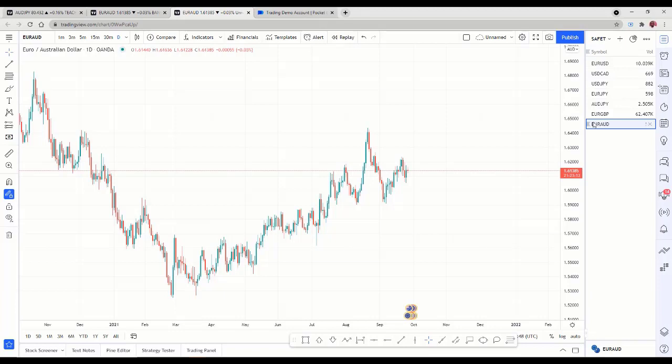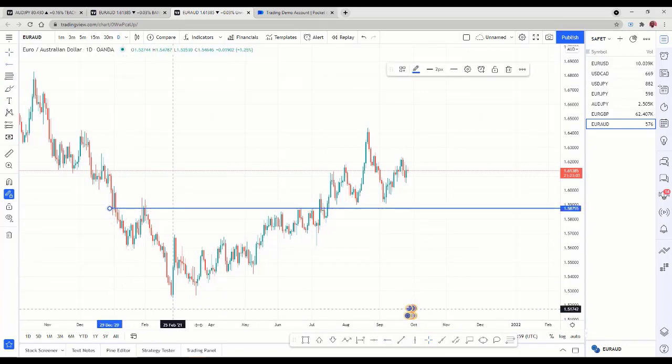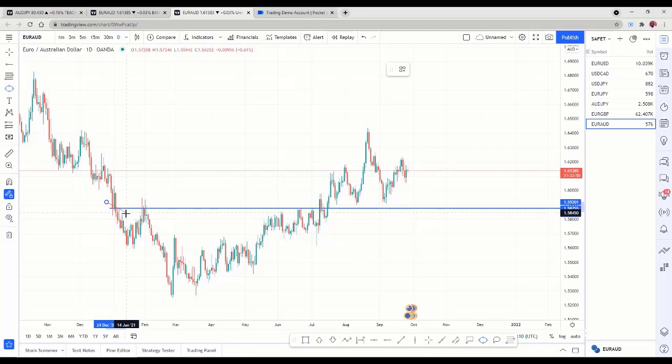Take for example, I quickly want to draw this. Something happened here, it passed, it came here again, something happened, as you can see here.